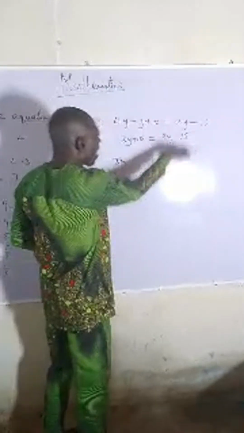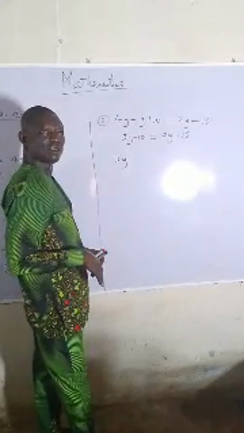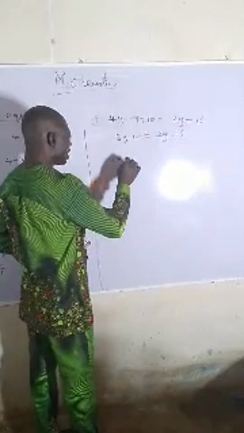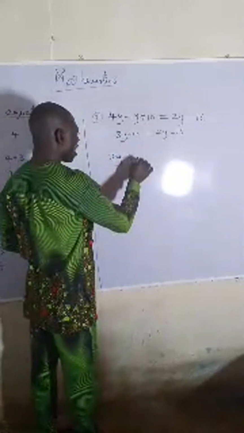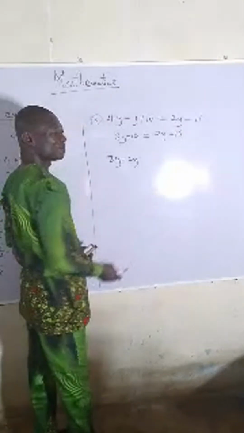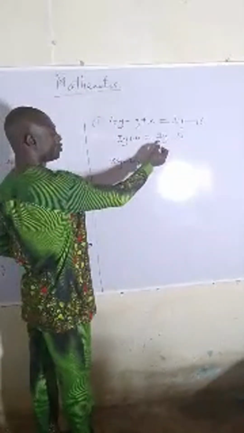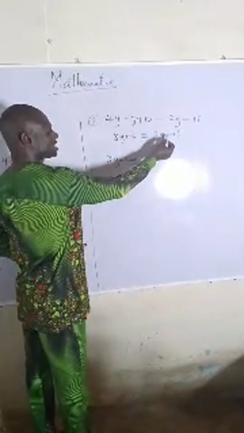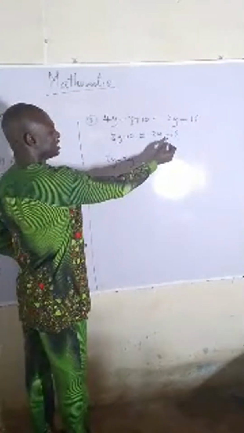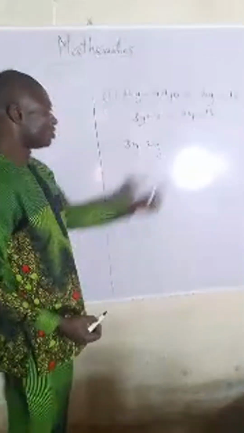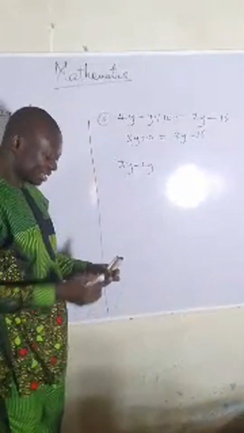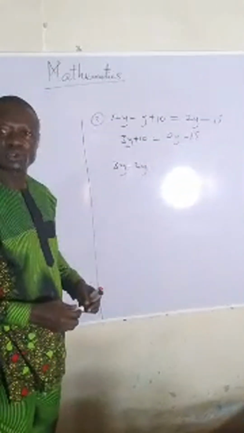Now we are going to have 3y. All right, y, come here and join your fellow. And then we have minus 2y because it is plus here. Remember that the sign of this 2y is here. This sign does not concern this 2y. This sign is for 15. And so this 2y there is plus 2y.